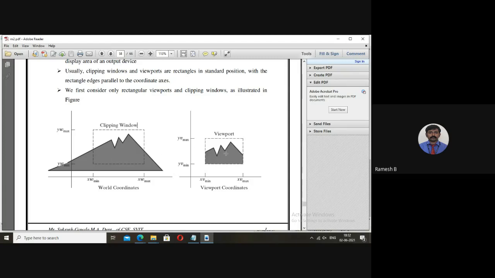In the viewport there are also coordinates, known as viewport coordinates. There we set the minimum and maximum range of x and y values: xv min and xv max. V means viewport. Likewise the minimum and maximum y values.